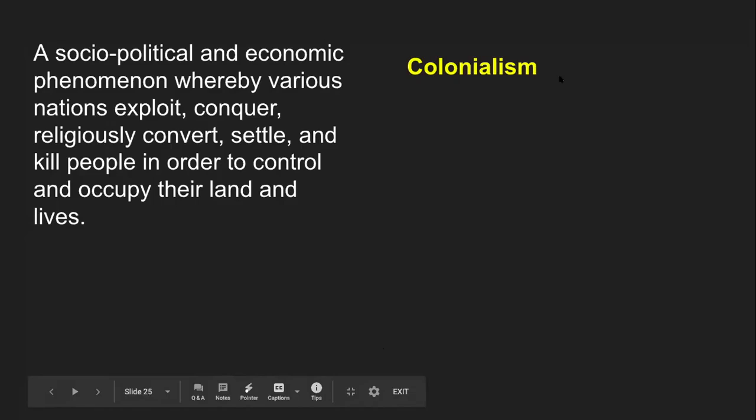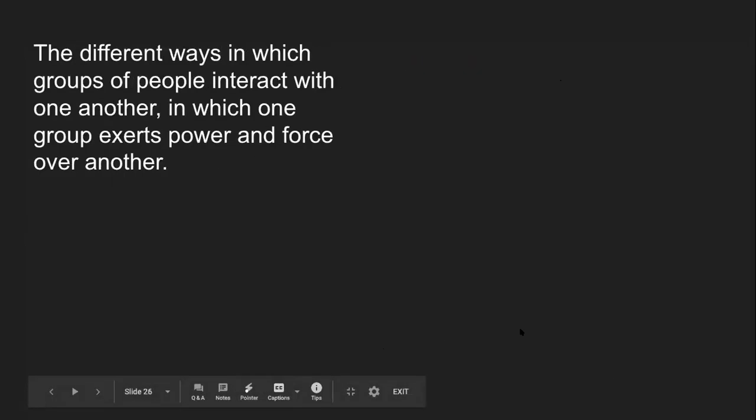Okay, so this is colonialism. Now, this is a very important term that we're going to be spending a lot of our event actually touching upon. So great job. Only a few more to go. So the next definition states, the different ways in which groups of people interact with one another, in which one group exerts power and force over another.